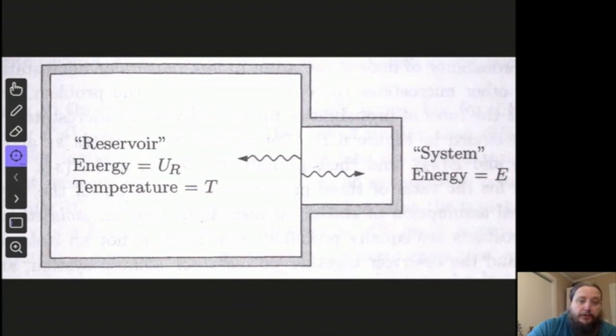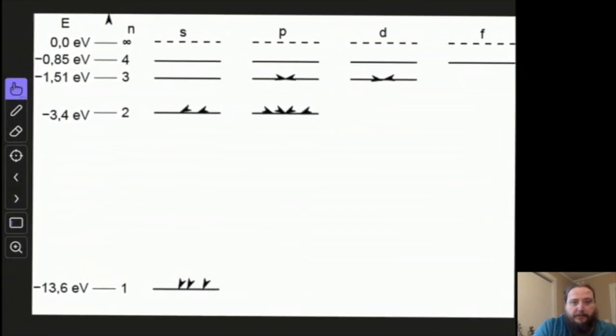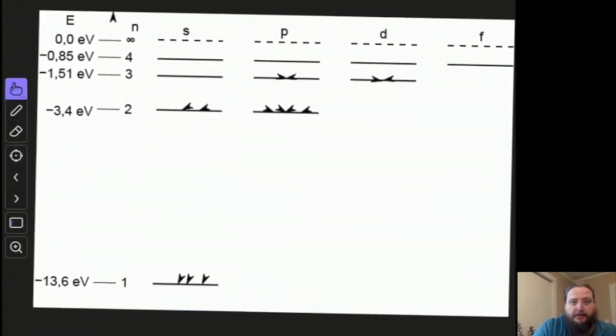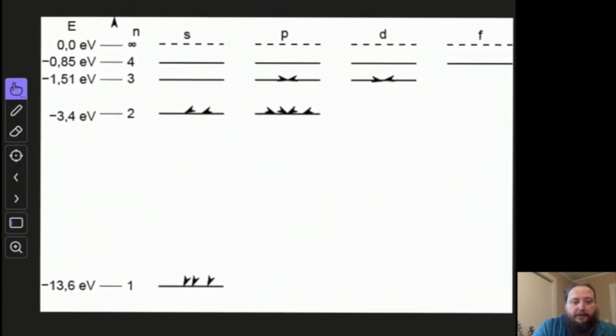All right, so in this situation, we're going to let this figure be a hydrogen atom, and let's remember our basic discussion of the hydrogen atom.